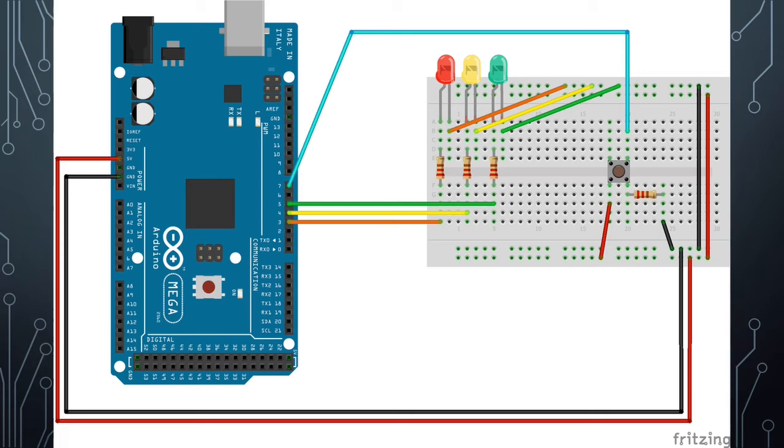And so their short sides on the right, those are all grounded. You can see those by the red, yellow, and green wires at the top. Those are grounding the LEDs. And then down on the longer side on the left, they have a resistor in between, and then they're all connected over to pins.